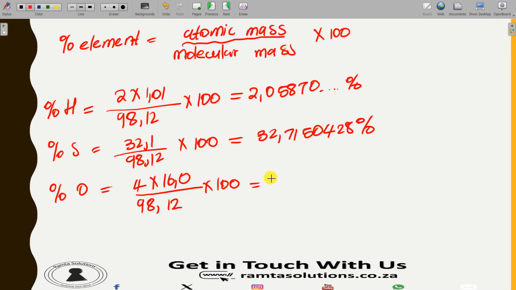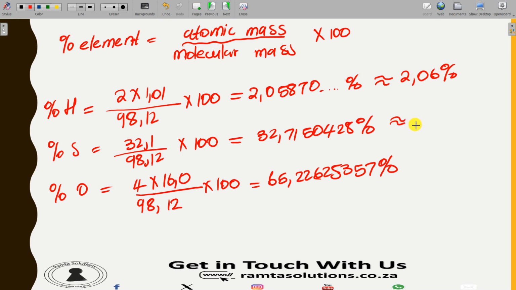So it'll be 65.22625357%. As you can see, this is roughly 2.06%, and this is roughly 32.72%, and then we get to this guy here, 65.23%, right?